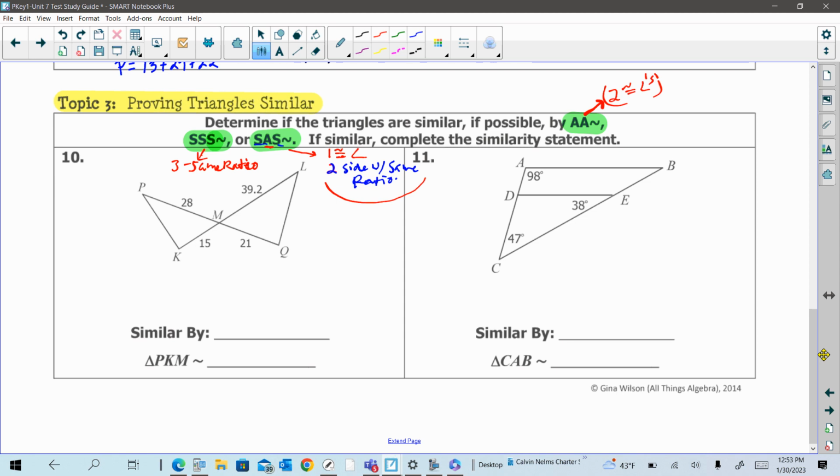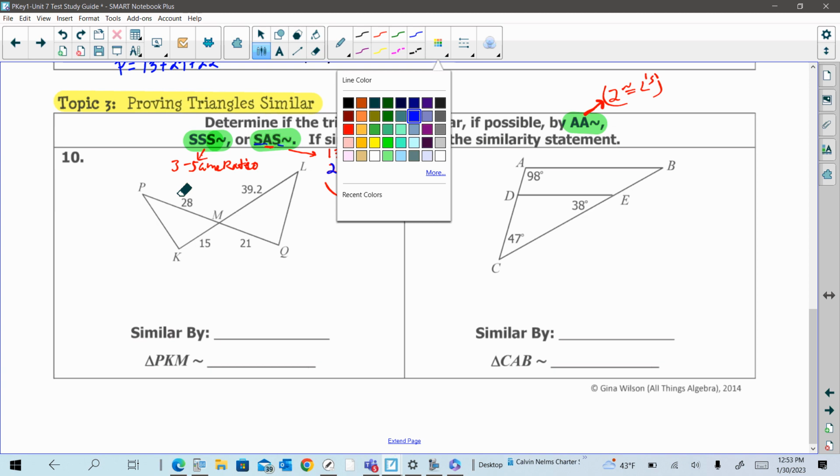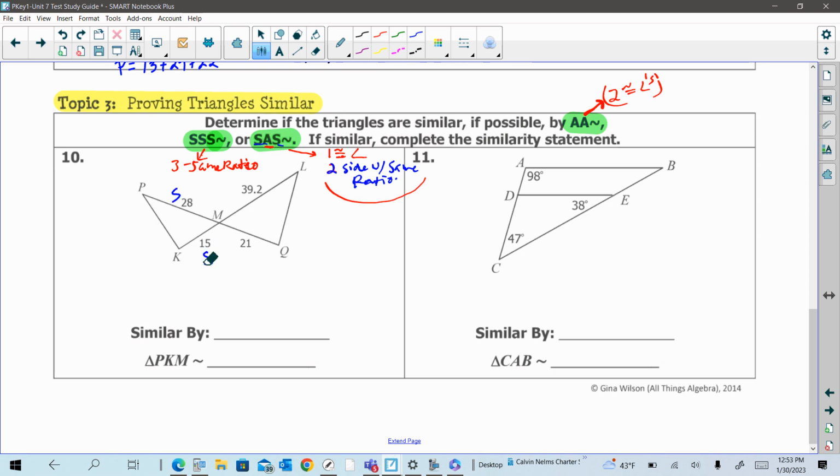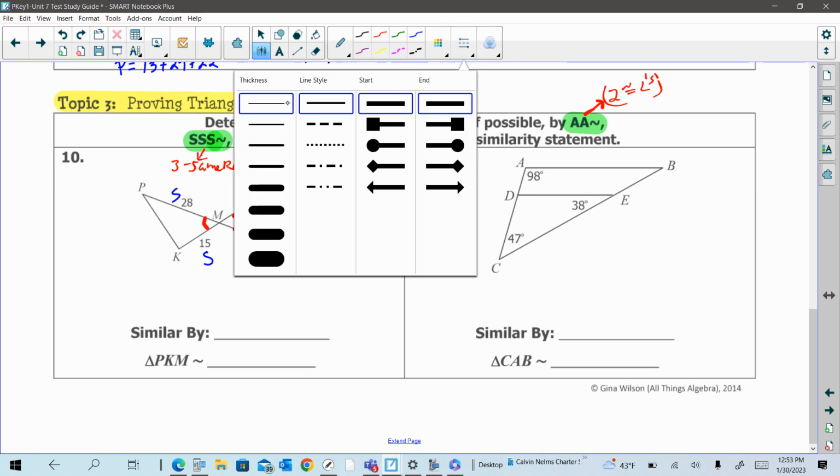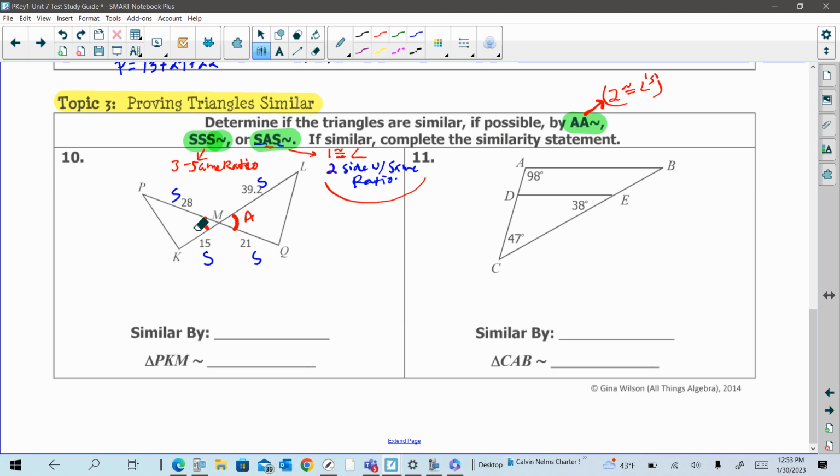So just based on what's given on this problem, the 28 represents a side, 15 represents a side, 39.2, and the 21 is a side. The other thing that you should know is that you have vertical angles. So it looks like I have the pattern SAS.